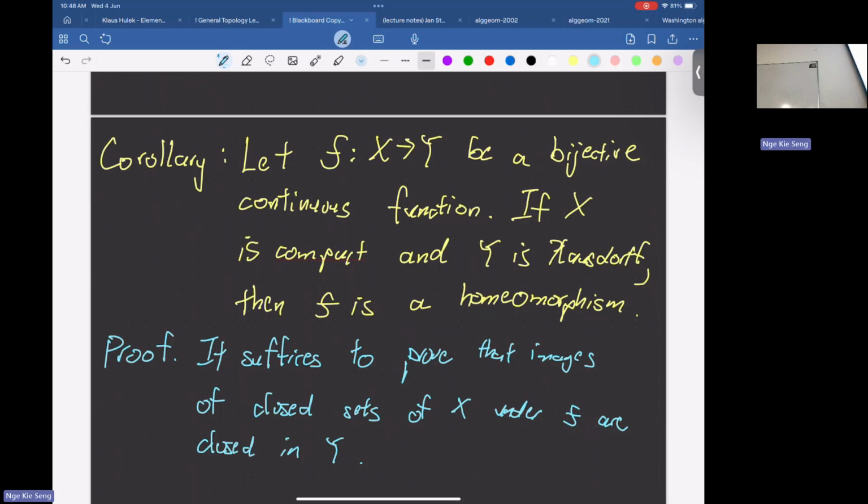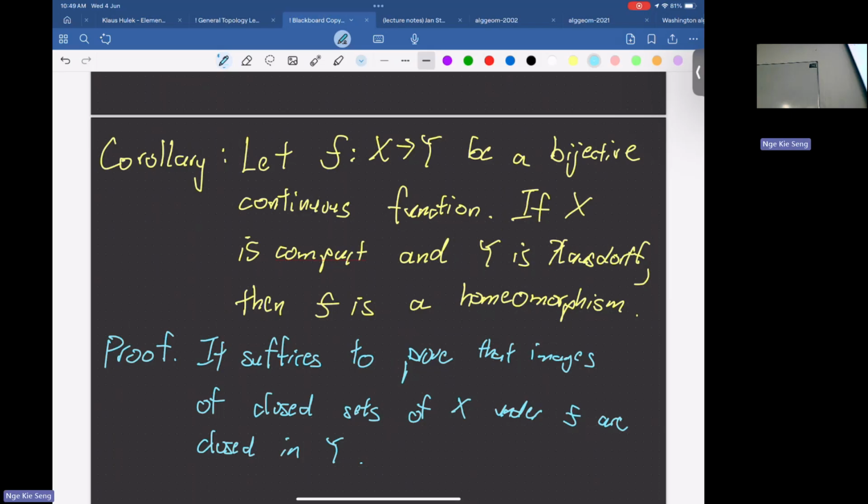If U is open in the codomain, the pre-image is open. But now we want to show the inverse map is open, right? The inverse of the function is open. So meaning what? The open set in U is open if F inverse of U is open. Let me think. U is open. Sorry.